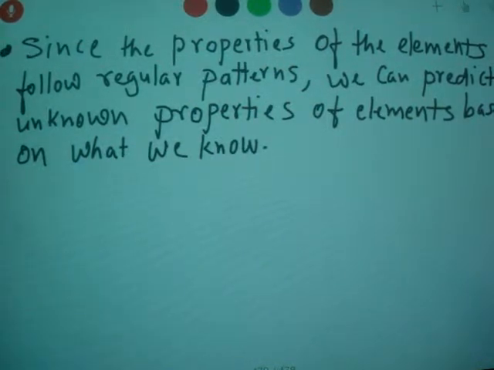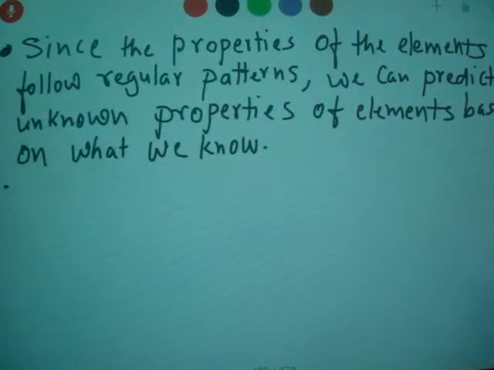So we can always predict. And when you look at table 5.2, it lists several properties of alkali metals except francium. So we can predict properties of francium.